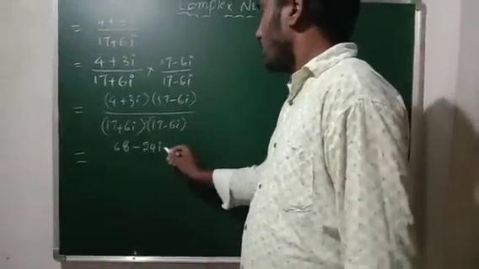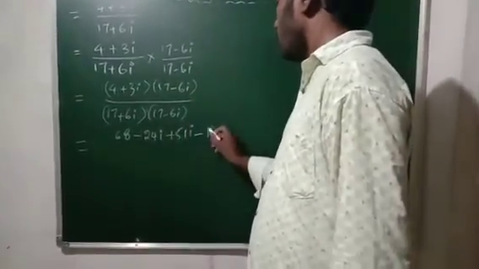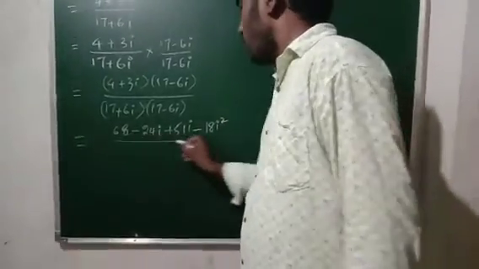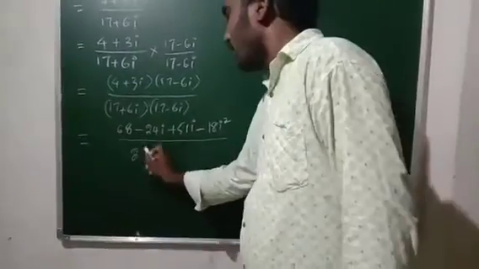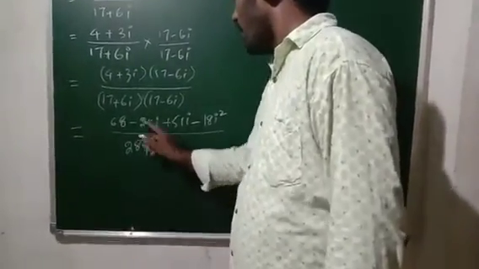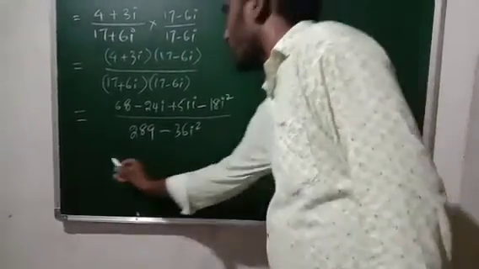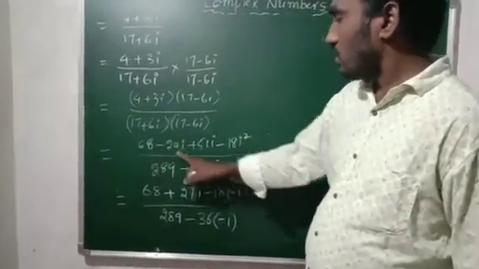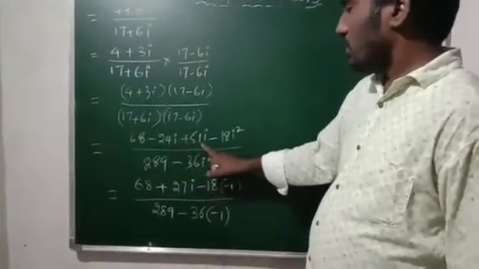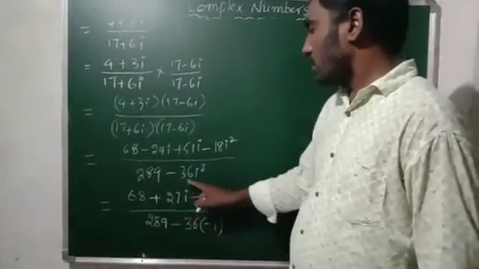Next, 17 into 3 is 51i, minus 18, i into i is i square, over 17 into 17 is 289. Next, plus into minus is minus, 6 into 6 is 36, i into i is i square. So 68 − 24i + 51i − 18i² over 289 − 36i².